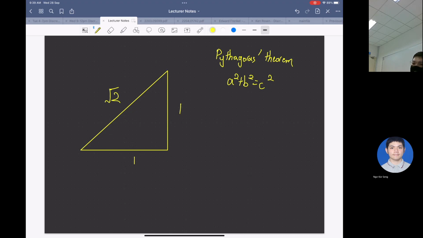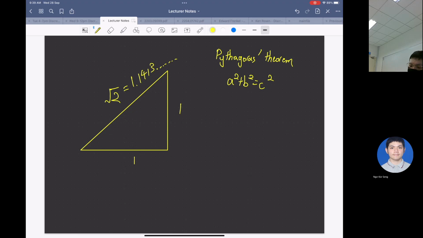They thought that this square root 2 should be a rational number because they thought that mathematics is beautiful. Beauty means there's some pattern. Square root 2 should have some pattern, 1.1413.